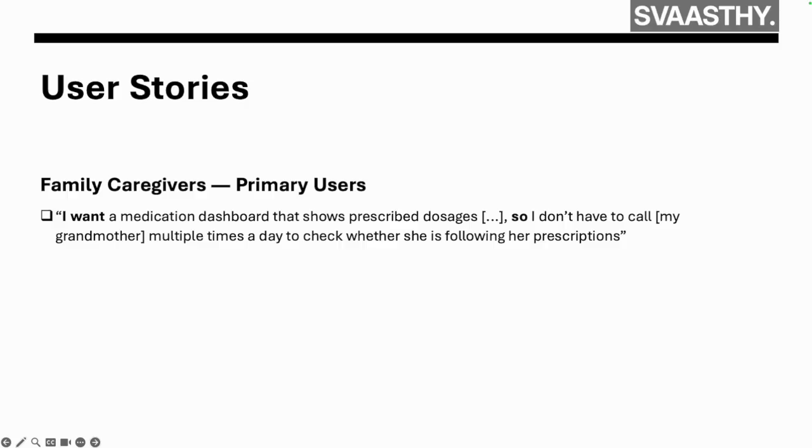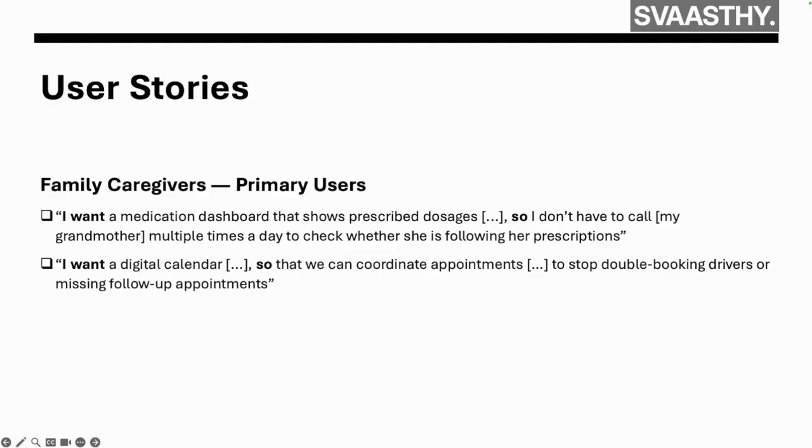Similar to how the senior citizens wanted a dashboard where they could track their medications and look at their prescriptions so that they don't miss any, the family caregivers also wanted something like that, so that they don't have to call up their respective family member, be it their grandmother or their grandfather, whenever they have some medication ongoing, which is often the case.